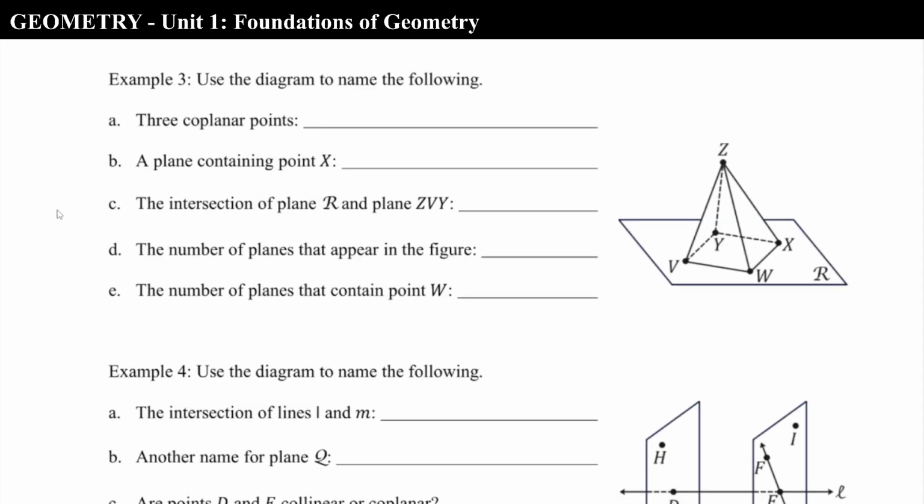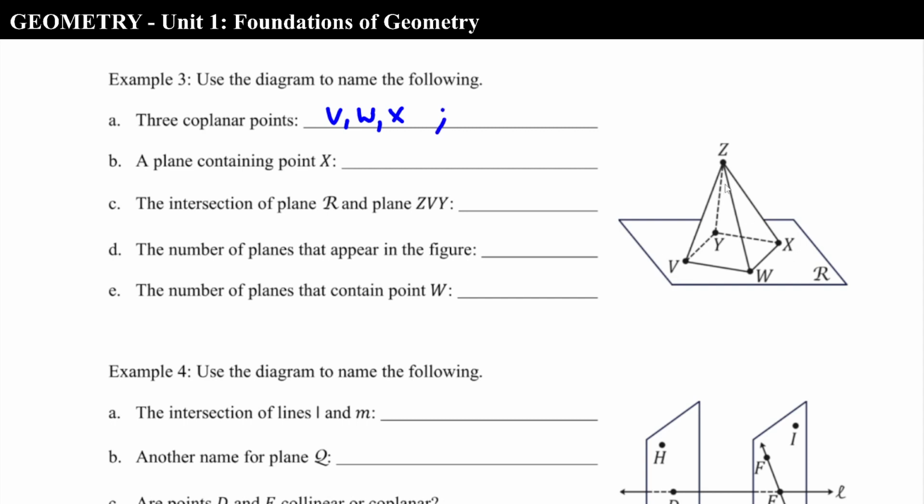For example 3, we are going to use this diagram to name the following here. 3 coplanar points. Okay, so let's see, we've got on plane R here, we've got V, W, and X. So I'm going to say those, V, W, and X. But I'm also going to give you one other example.